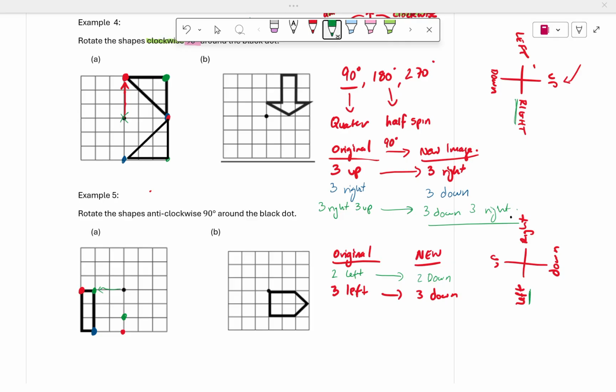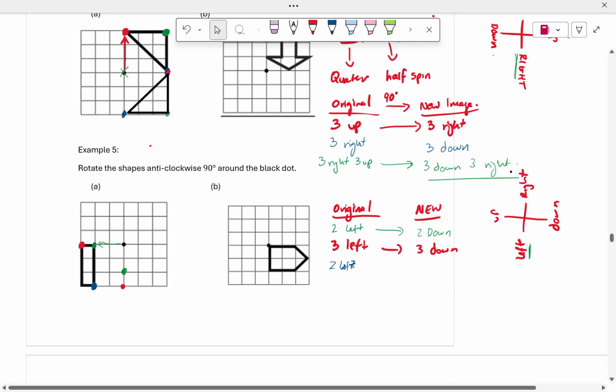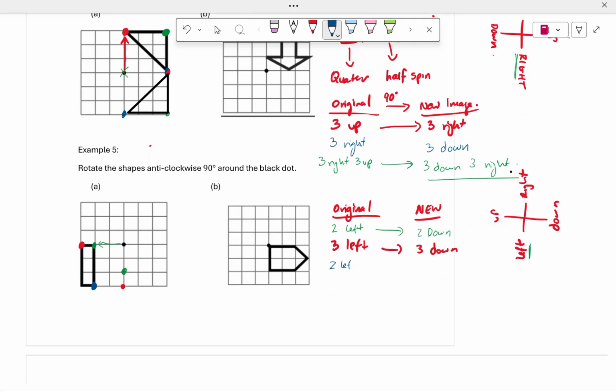The last one we need to do here is our blue one. For the blue, the original is 2 left and 3 down. Let's make that transformation. Refer back over to my image on the right.